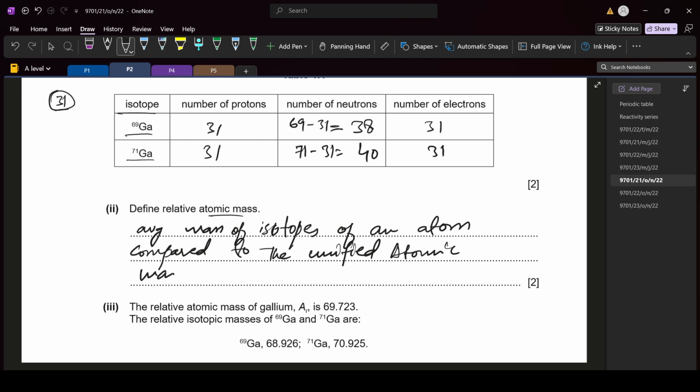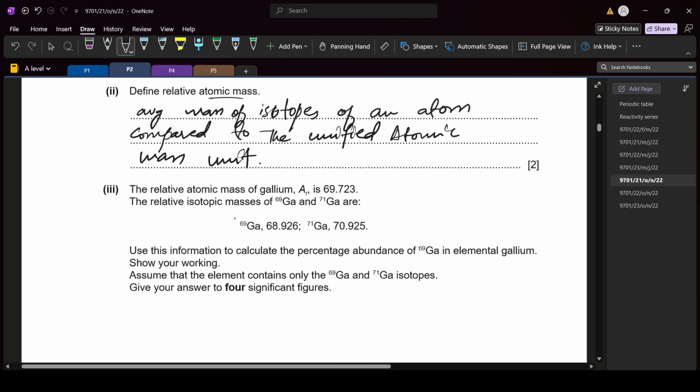And the unified atomic mass unit has a definition: it is the 1/12th mass of a carbon-12 atom. So you can also write that as well.